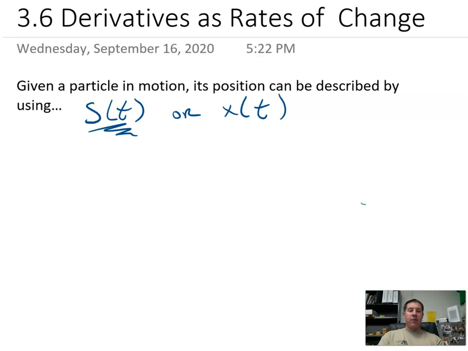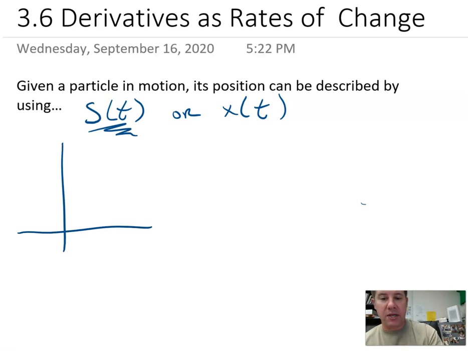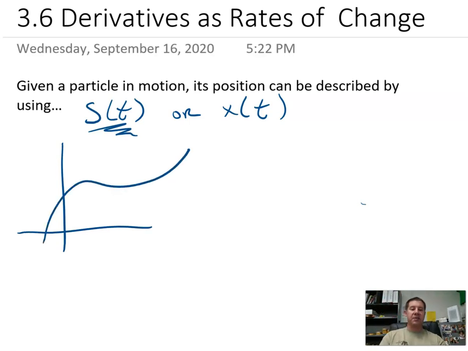All right. With that being said, if I'm talking about a position function of an object, we started early on talking about a position function, right? With its position with respect to time. And we talked about how, if I were to look at the slope of the secant line, that is the average rate of change or the average velocity of the object.